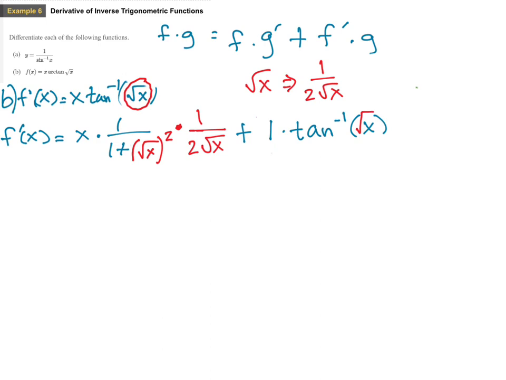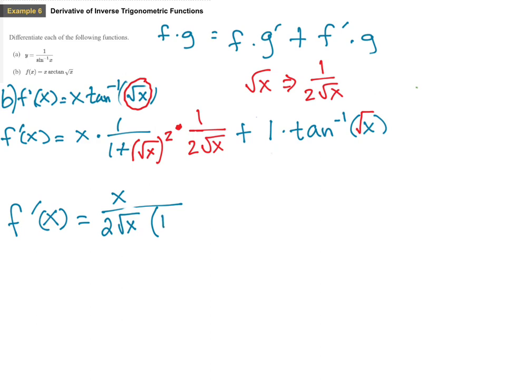All right. So now what's f prime? Let's clean it all up. F prime is going to be, what's on top? X times 1 times 1. X over 2 square root x times 1 plus, what's the square root of x squared?